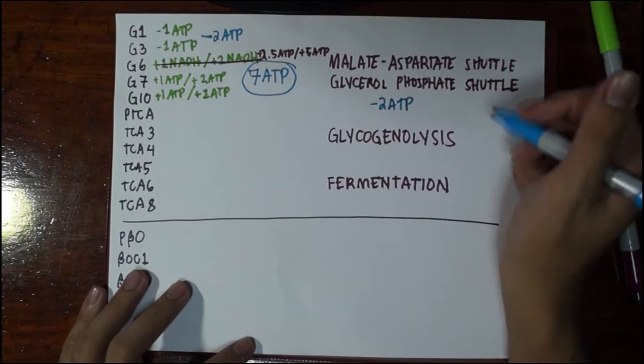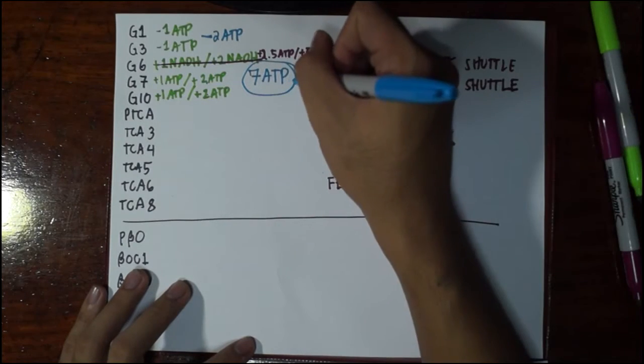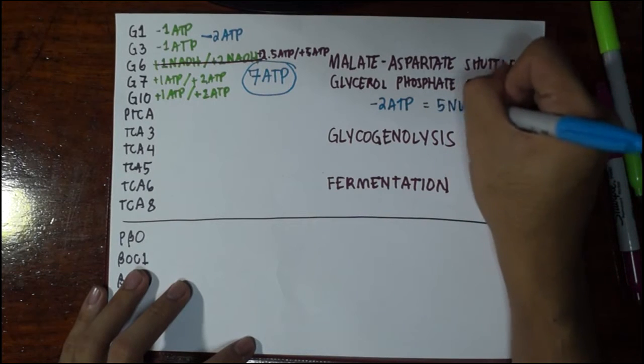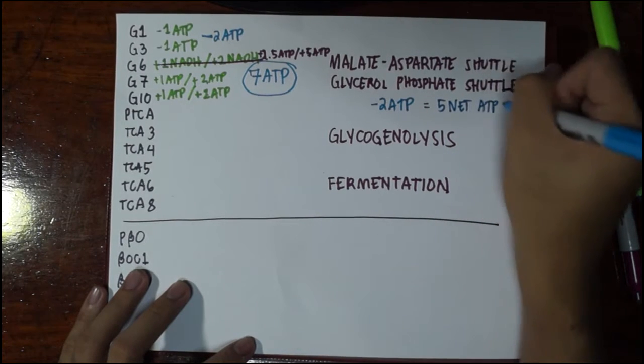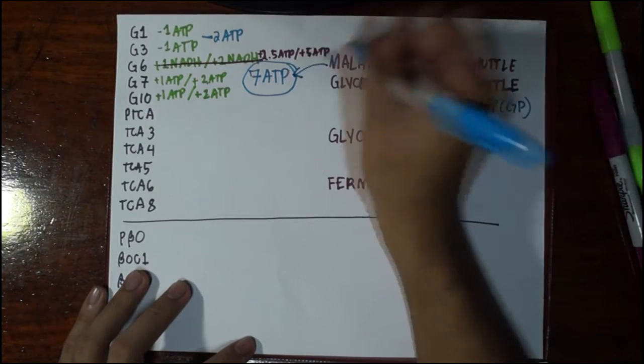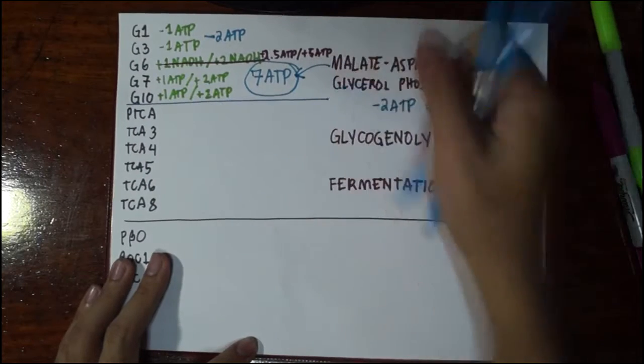So with the glycerol phosphate shuttle, we would have 7 minus 2 equals 5 net ATP. But in the malate aspartate shuttle, we retain the 7 ATP. So that's it for glycolysis.